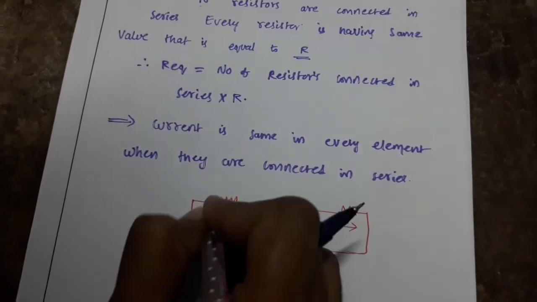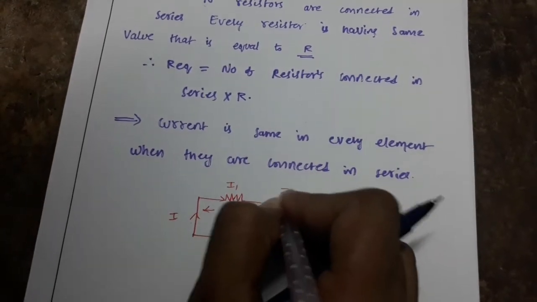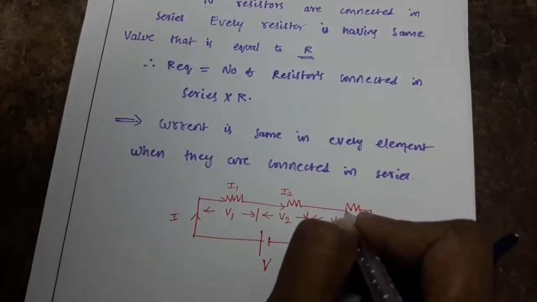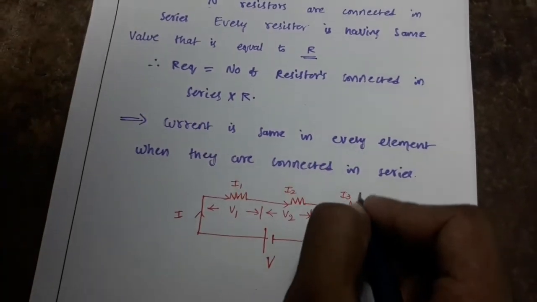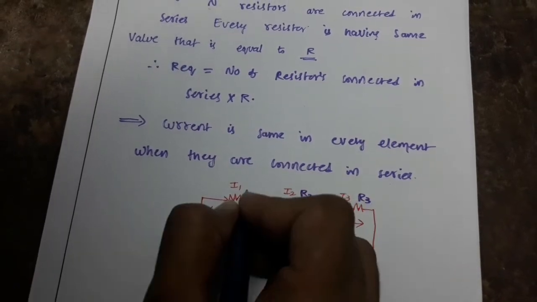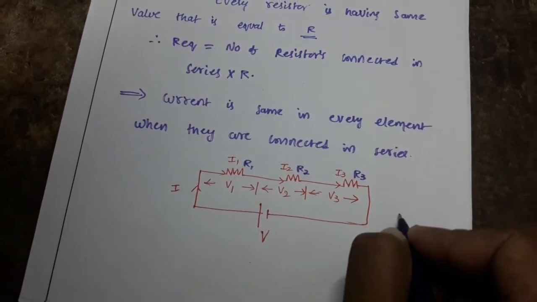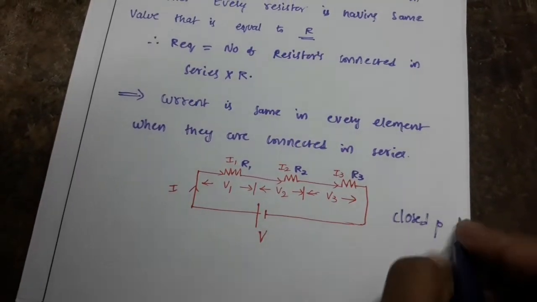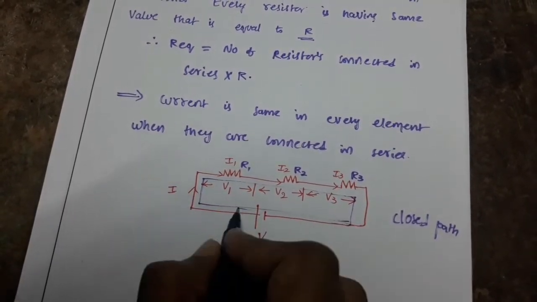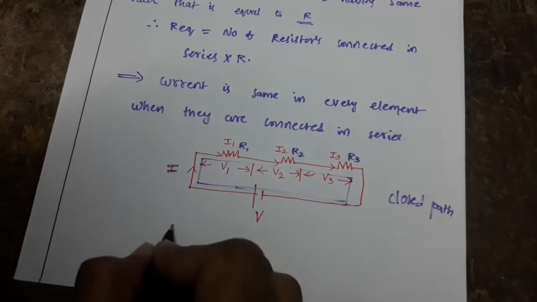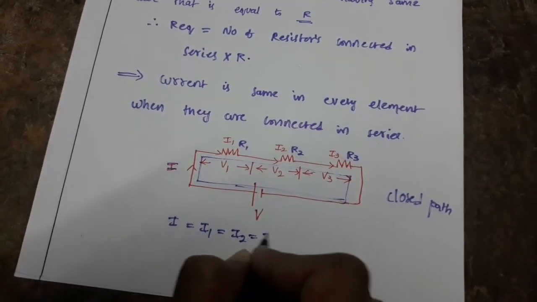And this is the current I. This is current I1 which is flowing through resistor 1, current I2 which is flowing through resistor 2, and this is I3 which is flowing through resistor R3. We know that current will always flow in a closed path. So as there is only one path in the series circuit, current will be same, that is I equal to I1 equal to I2 equal to I3.